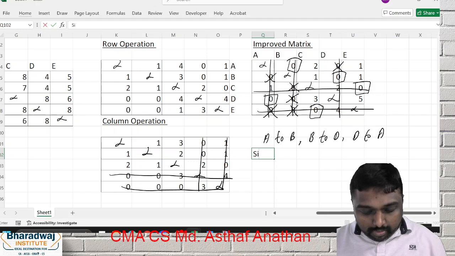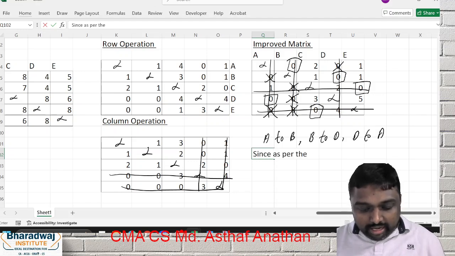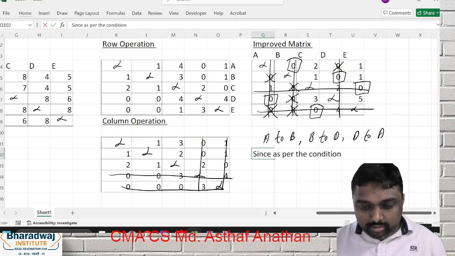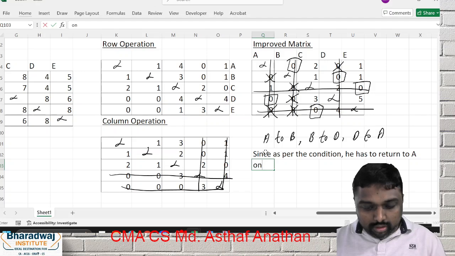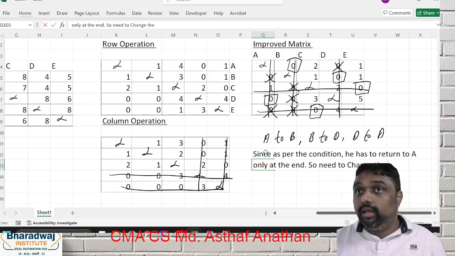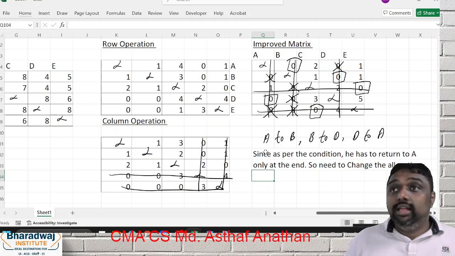As per the condition, he has to return to A only at the end. So we need to change the allocation. Are you clear, friends?